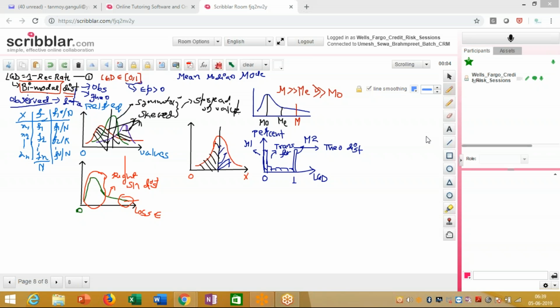On the other hand, what we have is the frequency distribution f. Corresponding to x1, we have a frequency f1, corresponding to x2 we have f2, corresponding to xn we have fn, right? So basically, the frequency shows the number of times a particular outcome occurs.